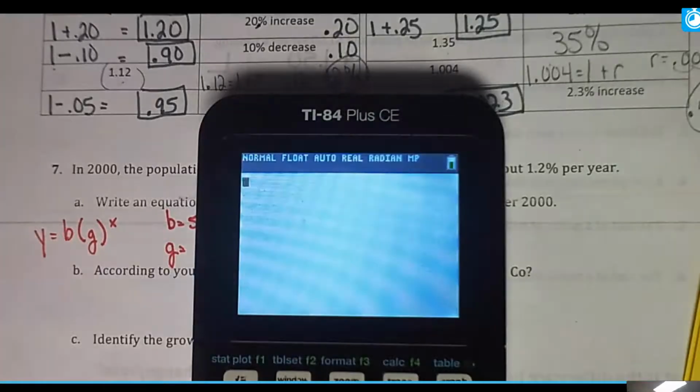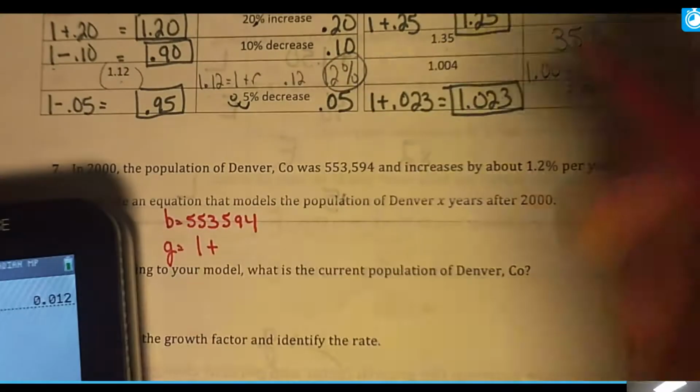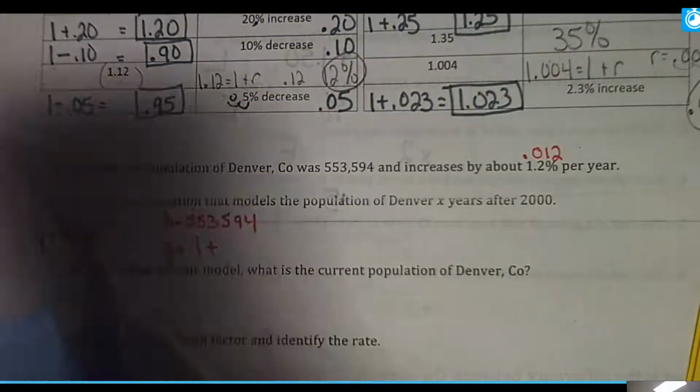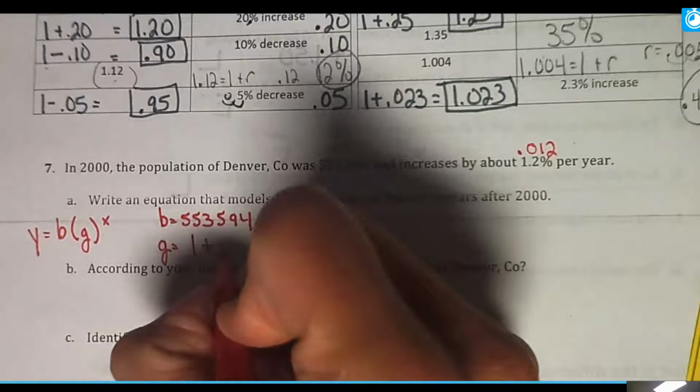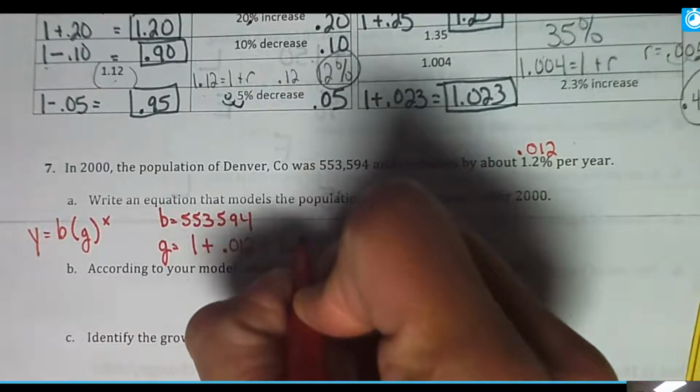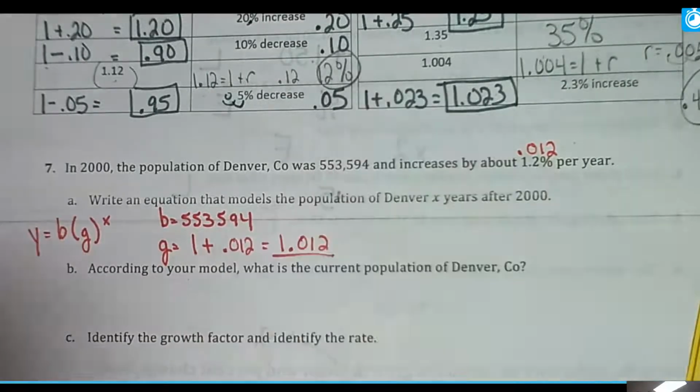You can always take 1.2 divided by 100 or move that decimal 2 times to the left. But here it is as a decimal, so you can see those equivalent versions right next to each other. If I add those two together, my final G is 1.012. This is what I want to use.